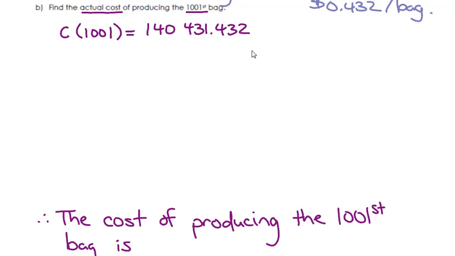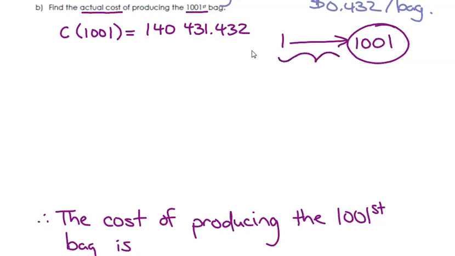Find the actual cost of producing the 1,001st bag. Just that one bag, not one all the way to 1,001. We're just talking about that one bag, not all of this. So this is a lot of money that you're talking about. That can't be how much one bag costs.